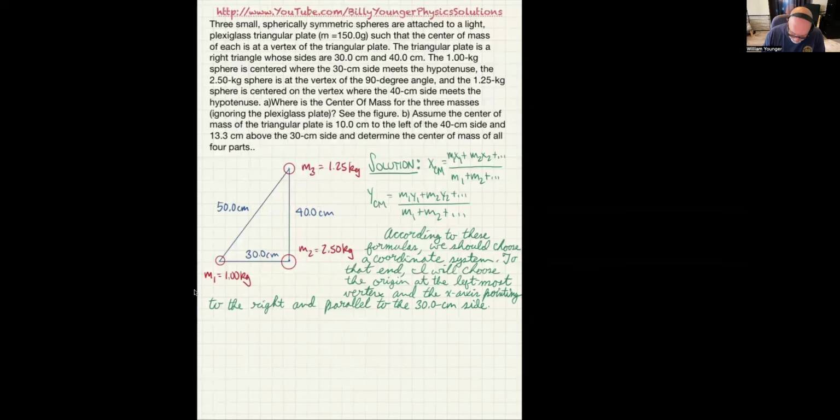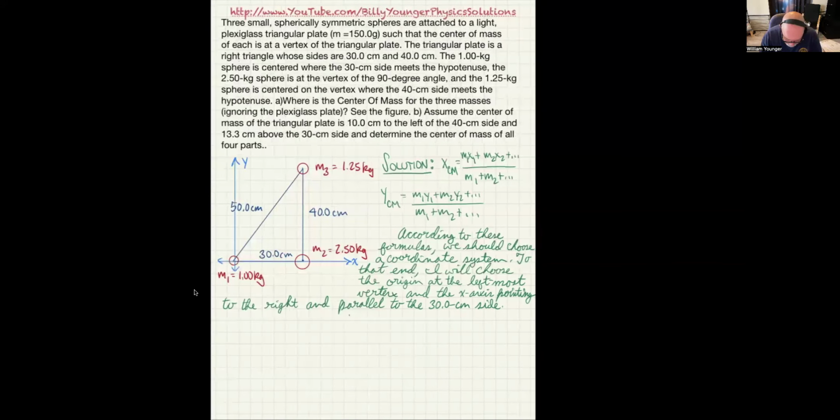Now we have the ability to put the coordinate system in. I'm going to flip to another page where the coordinate system has been drawn in already. You can see it there. So we can see, for instance, that the x coordinate of m1 is just 0. The x coordinate of m2 is 0.300 meters, and the x coordinate of m3 is also 0.300 meters.